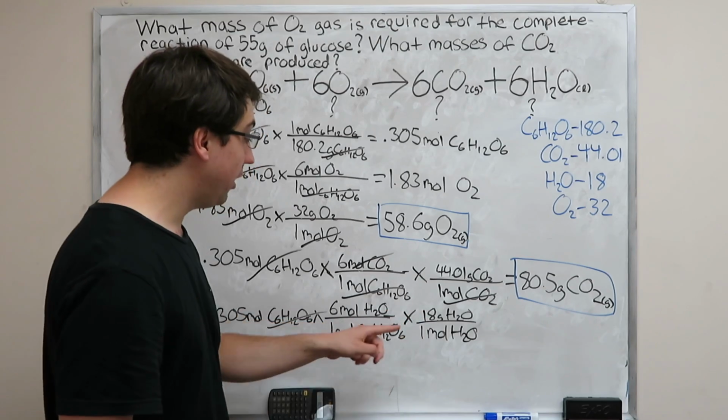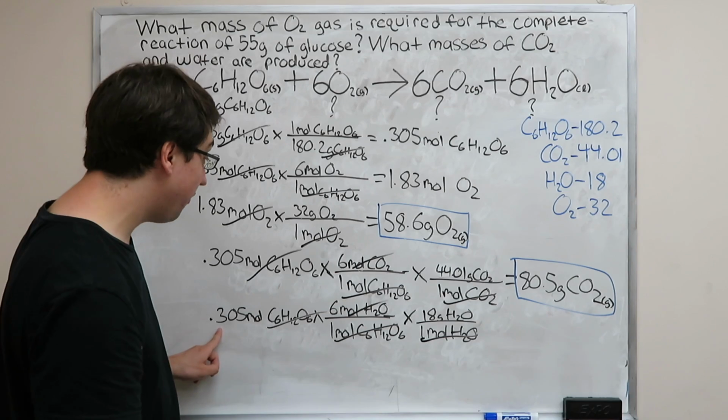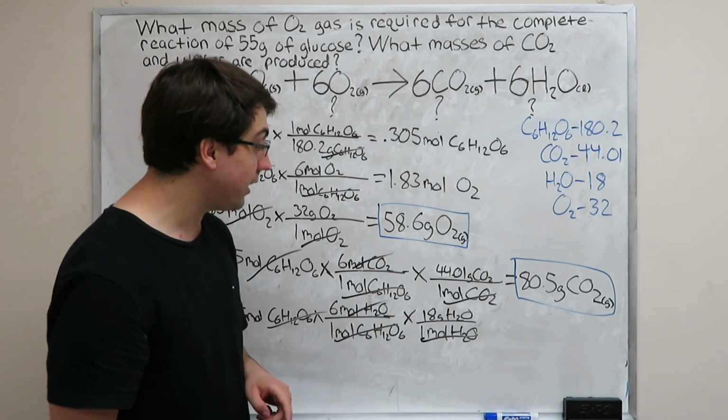There is 18 grams in 1 mole of water. The moles of water will cancel out, and we just need to take the 0.305, multiply times 6, then multiply times 18.